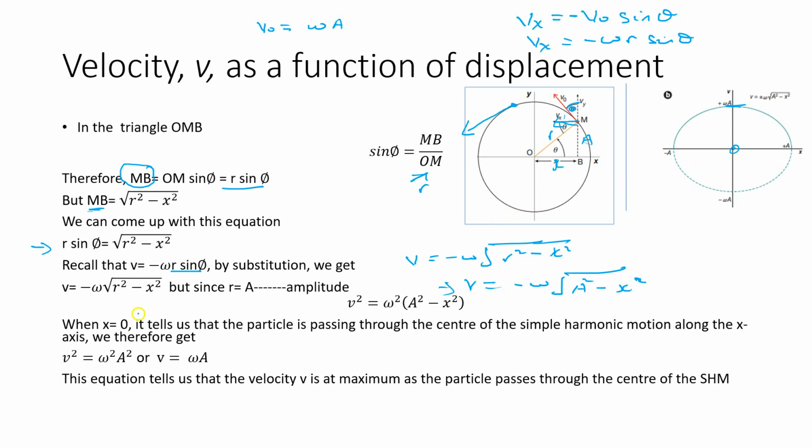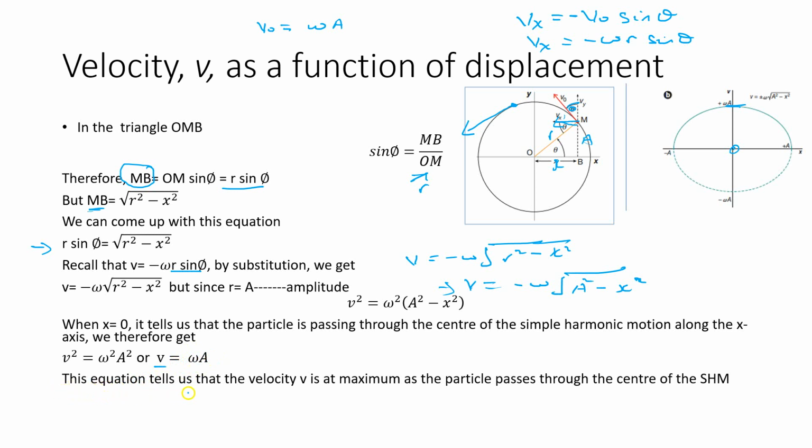So this is how we get the concept that at zero displacement, V is equal to omega times A, which is the maximum velocity of the system.